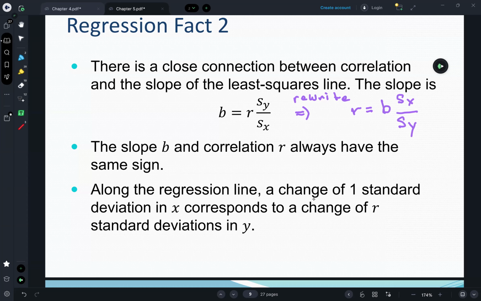This is good to know, because if you have, let's say, the slope and the standard deviations, you would probably agree with me that it would be a lot easier to calculate the correlation than what we just did at the end of chapter 4.